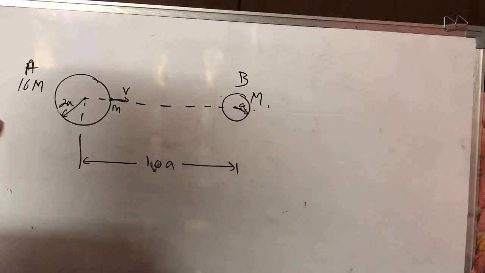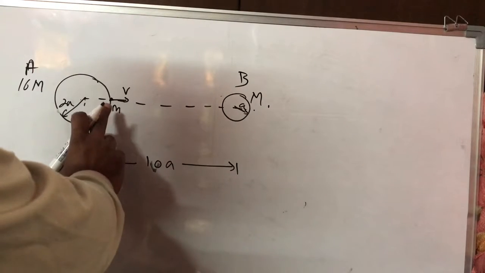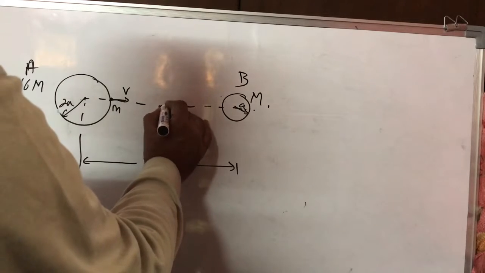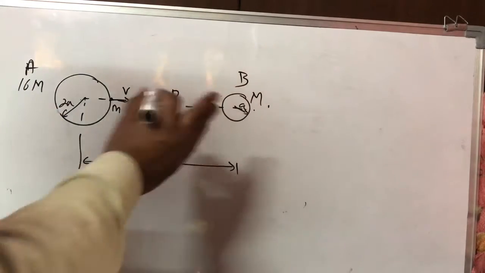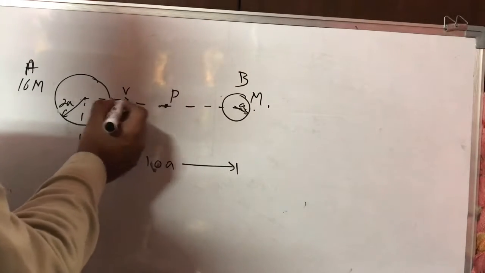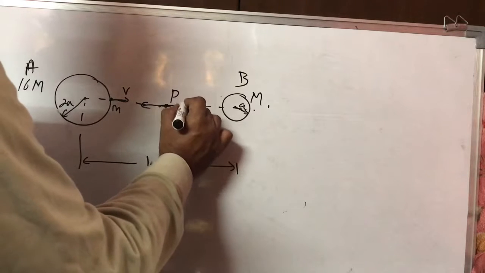The basic concept of this question is that we need energy to reach one particular point P, somewhere between these two stars, where the gravitational force on mass small m due to both the stars should cancel each other.